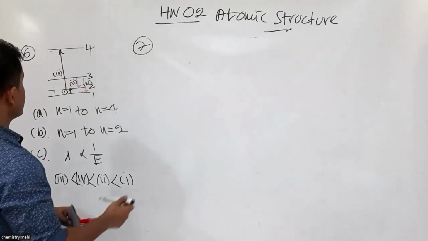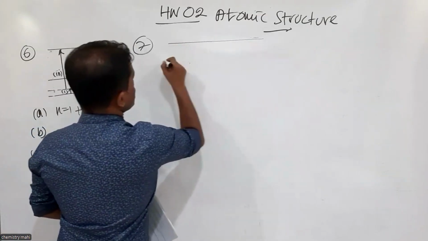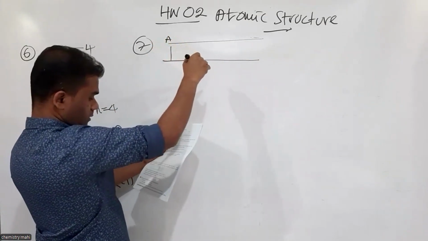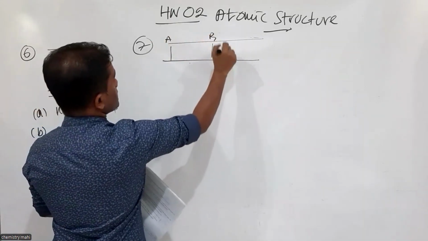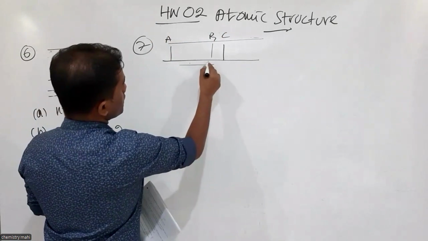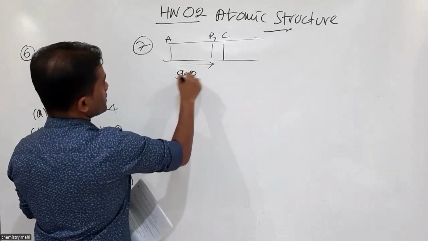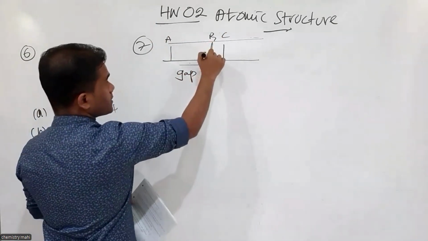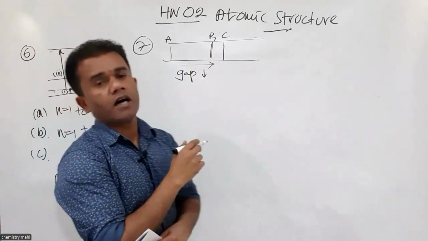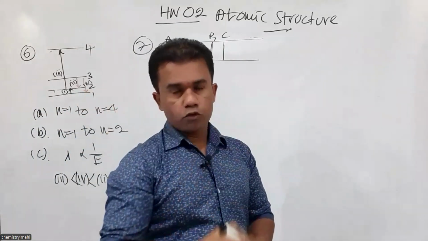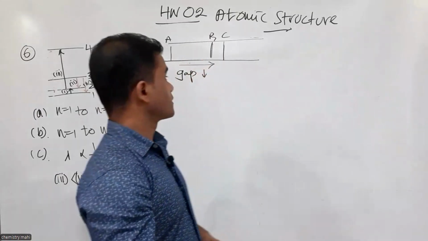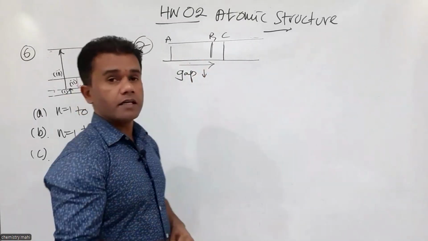Okay, this is again a basic thing. I don't draw everything, but if I draw something, line A here, line B here, and line C here. So what happened to energy? The gap between two lines decreases. If you remember the hydrogen emission spectrum, in the direction where the gap between two energy levels decreases, the energy represented by the line increases.